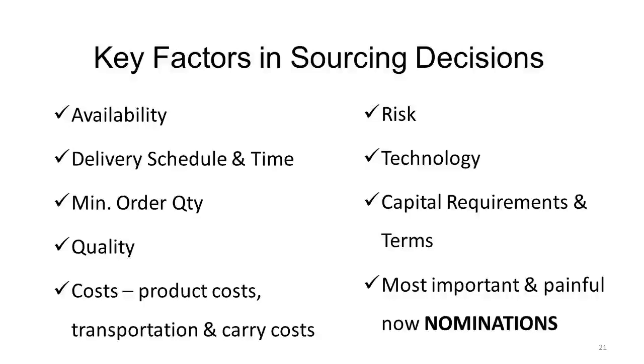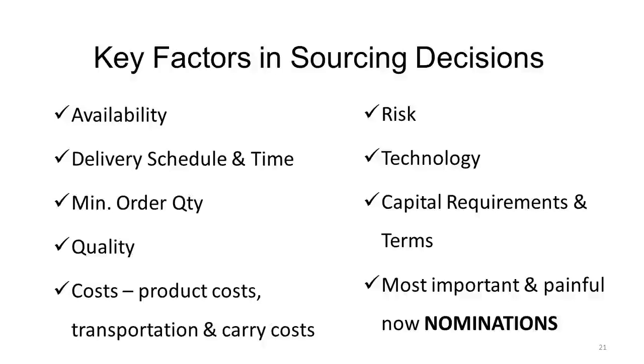Now the fifth factor is cost: product cost, transportation cost, carry cost. Now when you're buying something from someone, you are not going to decide only on the product cost. You will also have to see whether the transportation cost and the carry cost is on the lower side.